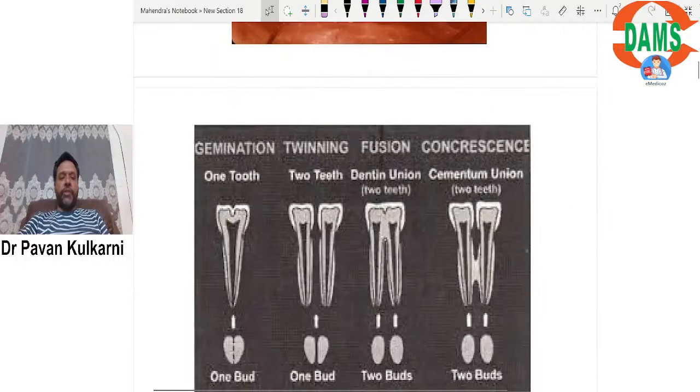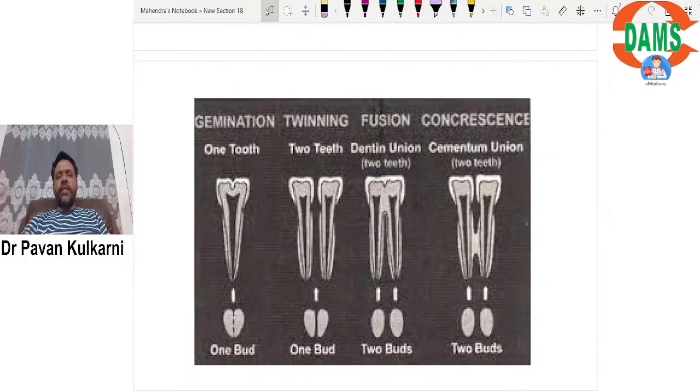Okay. Now let us move on to the next diagram here. This is a very simple diagram, but I just want to emphasize the difference between gemination, twinning, fusion, and concrescence. All of us know this is a very important difference.